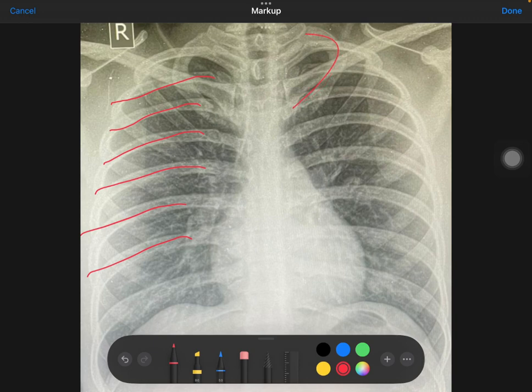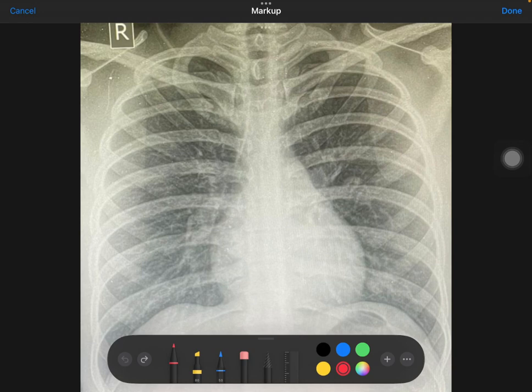So this is the first anterior rib, the second, the third, the fourth, the fifth, the sixth, the seventh, the eighth, and further downwards are the other ribs. So now you can see what the anterior and posterior ribs are.